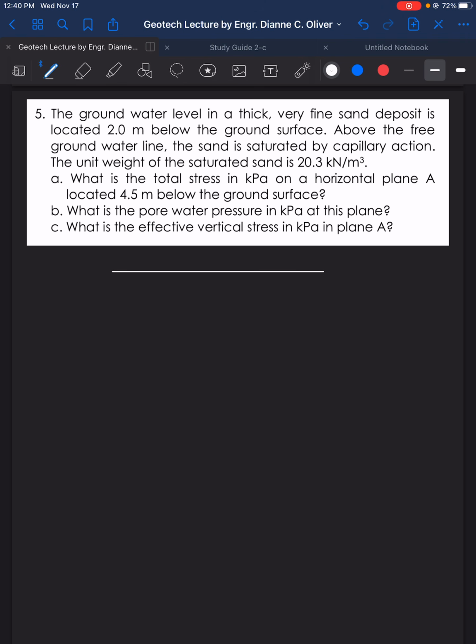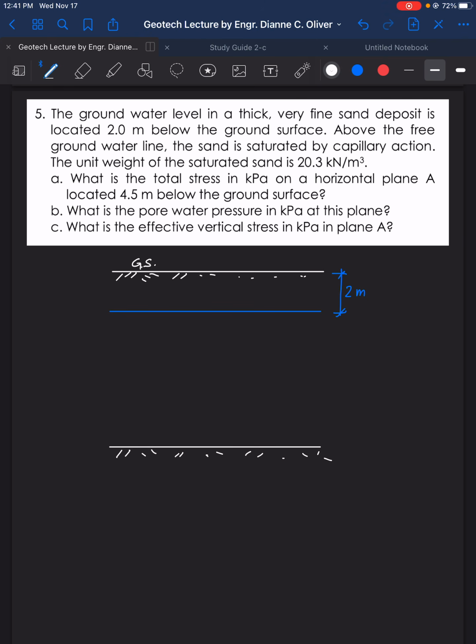So this is purely sand, and the water table or the groundwater level is 2 meters from the ground surface. Okay, so this is purely sand.